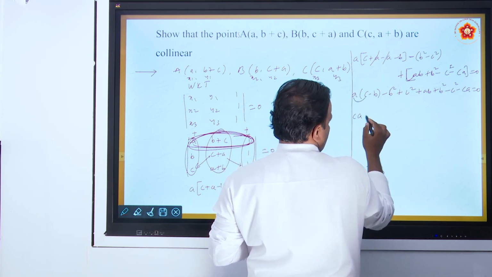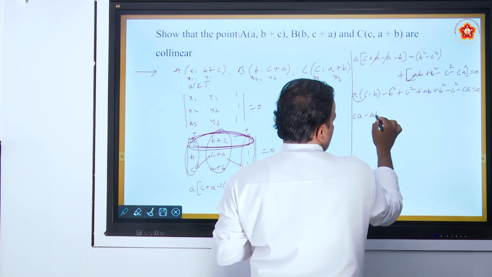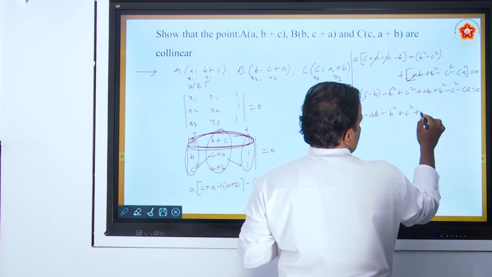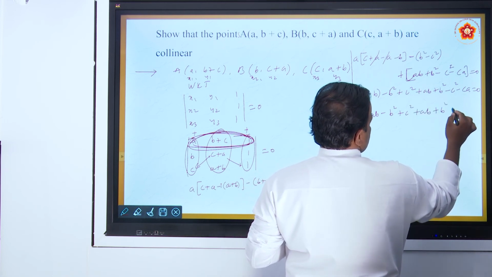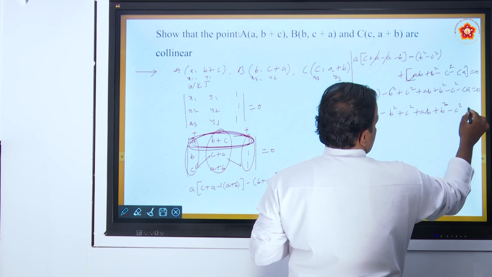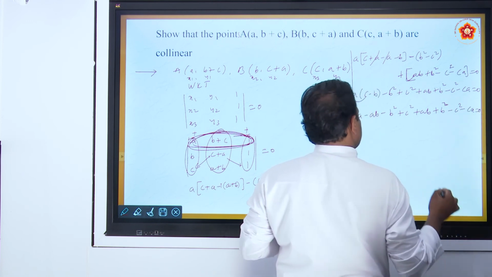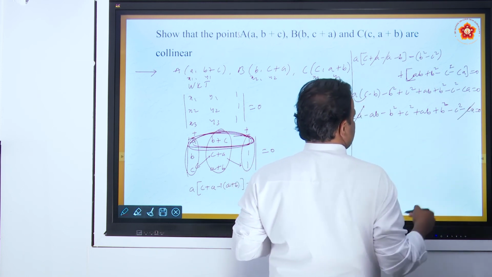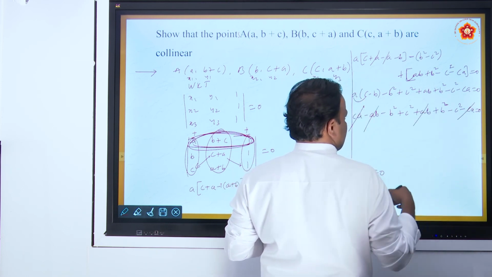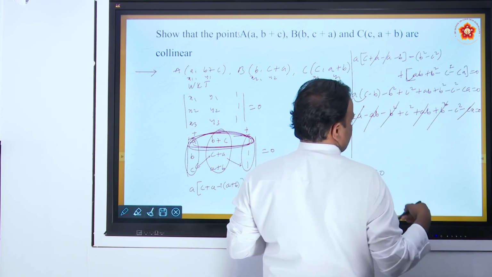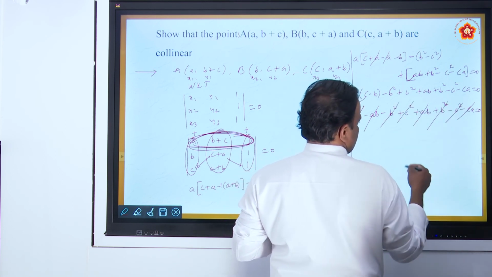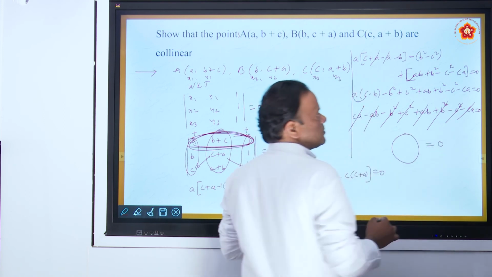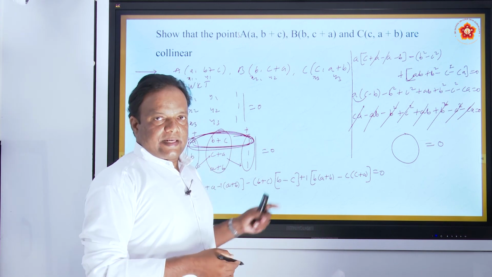Minus A into minus B, plus AB or BA. So: minus B square plus C square plus AB plus B square minus C square minus CA equal to 0. Which terms get cancelled here? Plus CA minus CA get cancelled, minus AB plus AB get cancelled, plus B square minus B square get cancelled, plus C square minus C square get cancelled. The answer is 0. So 0 equal to 0, we get LHS equal to RHS.